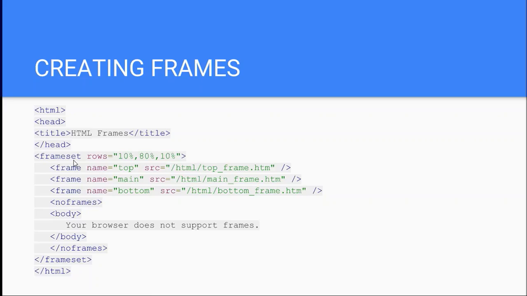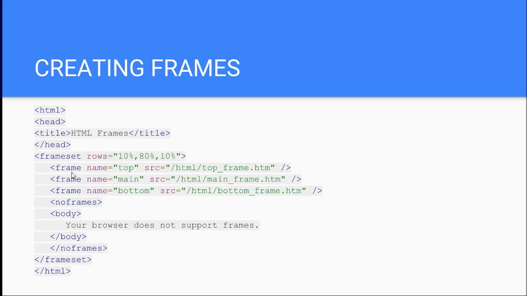The rows attribute of a frameset tag defines the horizontal frames, and the columns attribute defines the vertical frames. Each frame is indicated by the frame tag, and it defines which HTML document shall open into the frame.